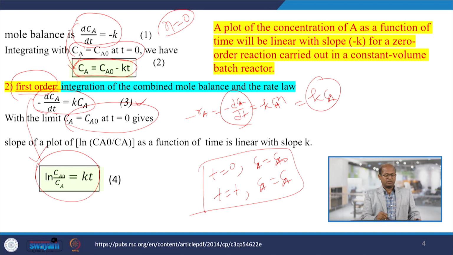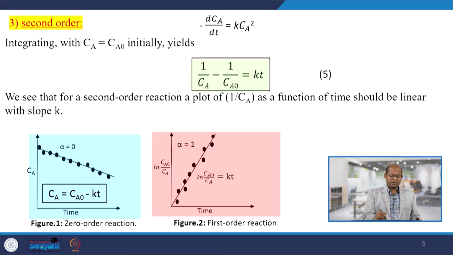So, if it is a zero order reaction, use equation 2; if it is a first order reaction, you have to use equation 4; and if it is a second order reaction, then we can write the rate, minus dCA/dt equals k CA square. By integrating with the boundary conditions we can get equation 5.